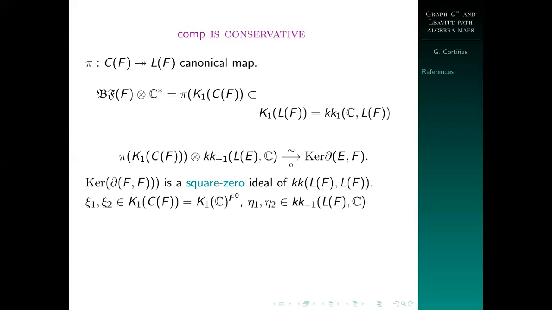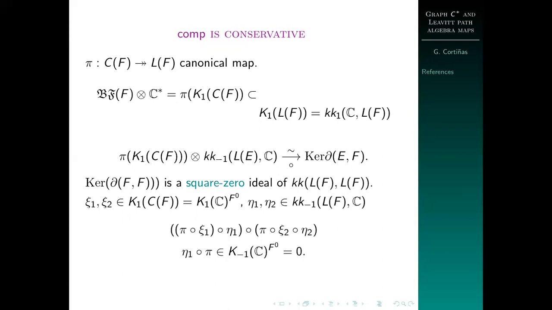So I take two elements, C1 and C2 in K1 of CF, which, because CF is KK isomorphic to as many copies of C as F has vertices, is K1 of C to the F0. And I have the elements eta1 and eta2 in K minus 1 of LFC.